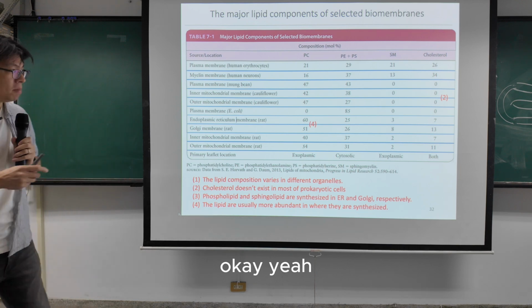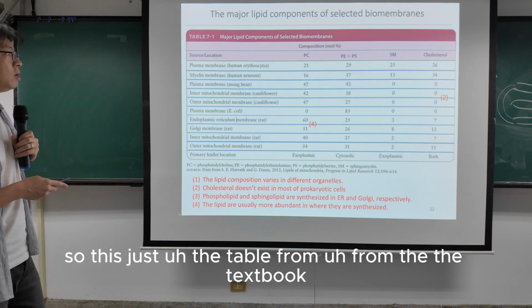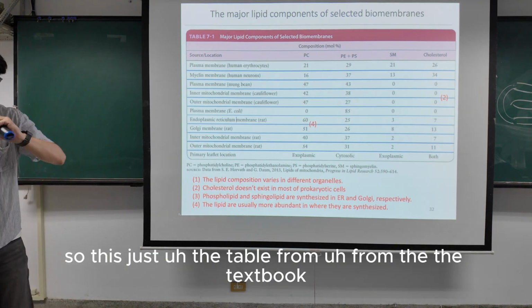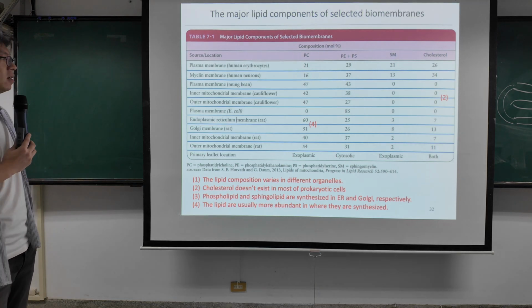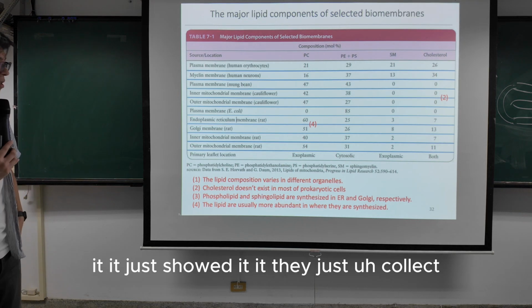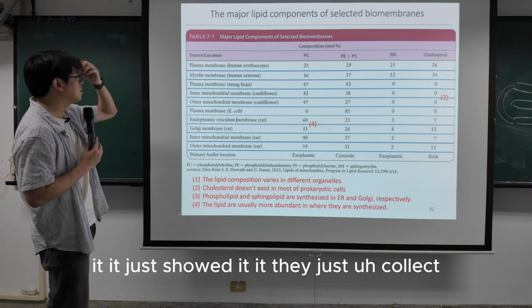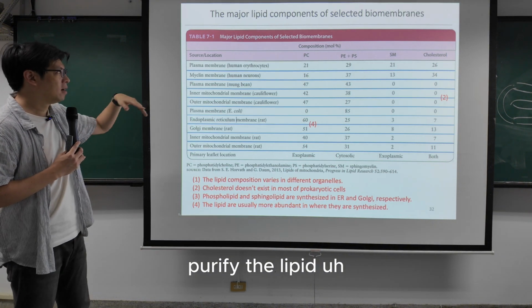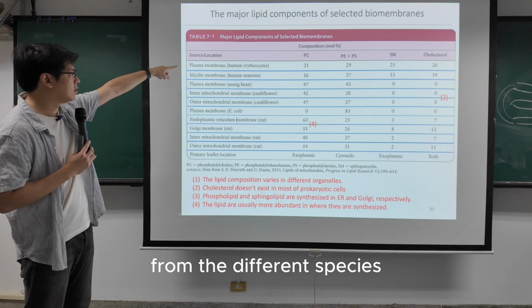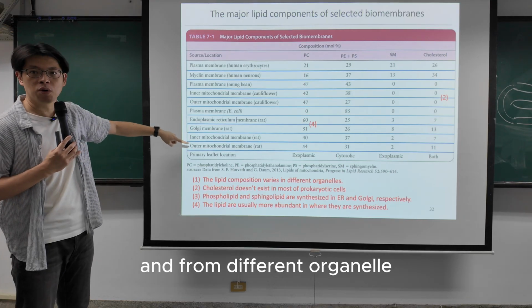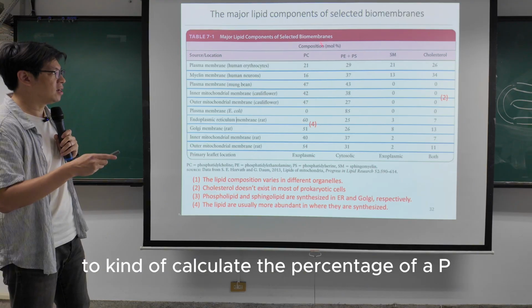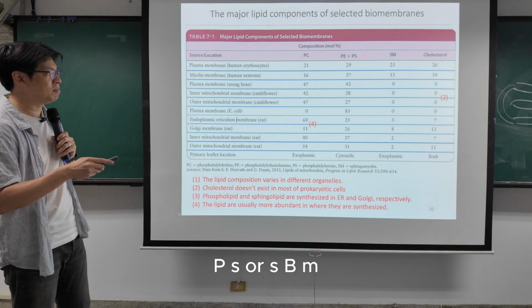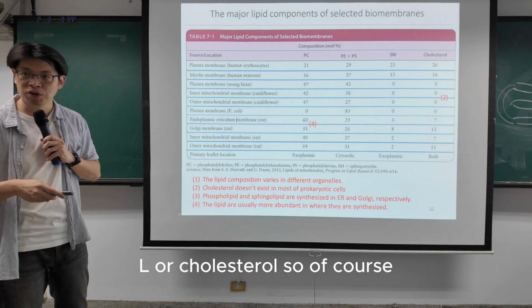Okay, this is just a table from the textbook. It's kind of boring. They just purified the lipid from different species and different organelles, and used mass spectrometry to calculate the percentage of PC, PE, PS, sphingomyelin or cholesterol.